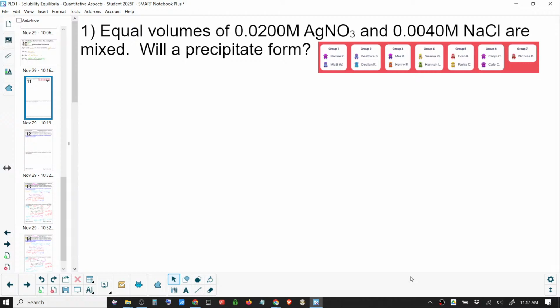So a lot of this is an exercise in equation writing to begin with. If you are writing a KSP of the entire equation, a reminder, KSP is for net ionic solubility tables, not formula equations. No formula equations.